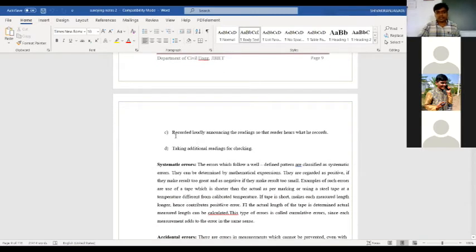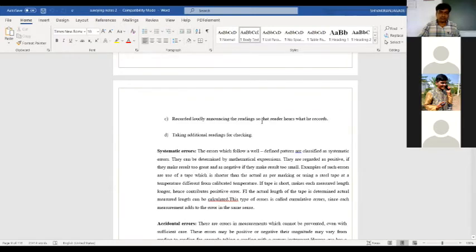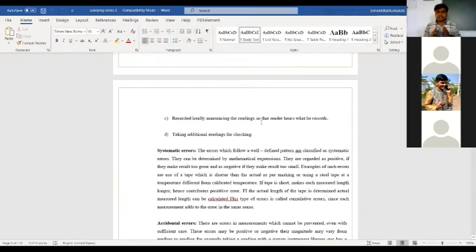And the next, that is recorded loudly, announcing the reading so that readers hear what he records. Whenever we're going to do the survey, the first person measures, and whatever reading he sees, he says the same thing to his assistant or the fellow who is going to write all the measurement readings.